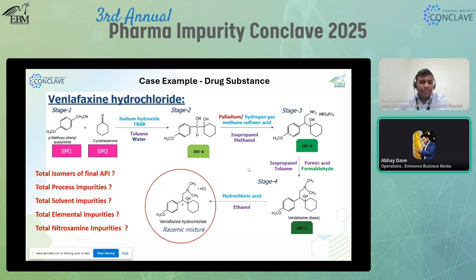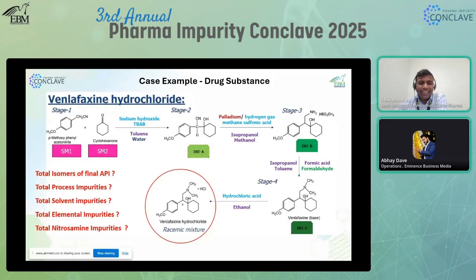The first person to mention an answer is Mr. Sanjeev Kumar. He's the director for process chemistry at ChemVeda, and his answer was 4 isomers. Then the second person, for the final API, Dr. Kaushik Singha, director from Fresenius Kabi. Then we have Mr. Parminder Singh from Lotus Pharma, your organization. His answer is solvents 8 and elemental 1.